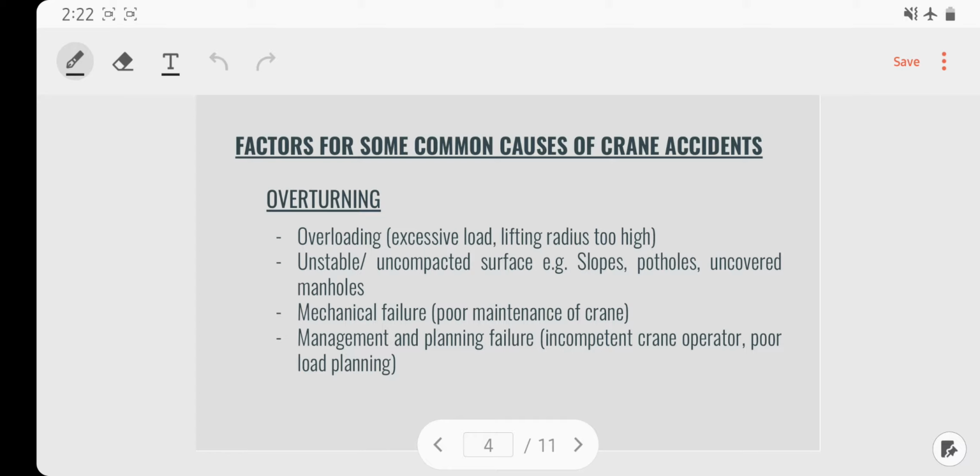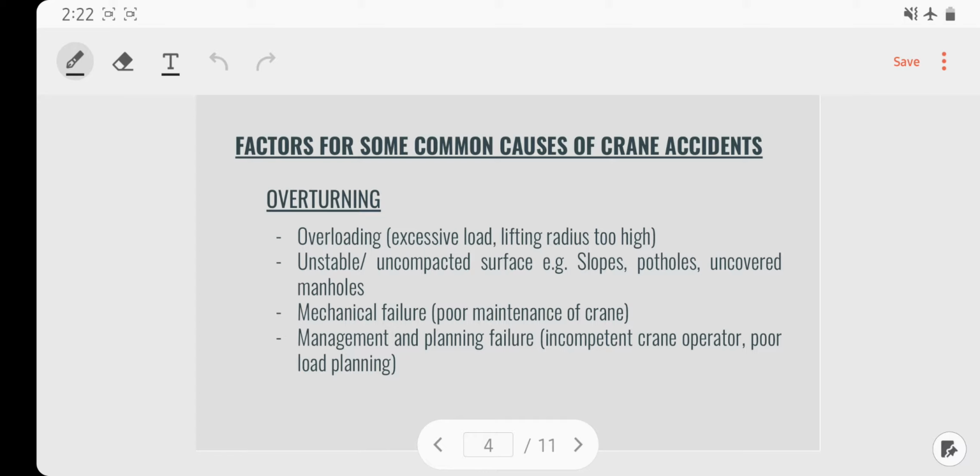Another example would be the outrigger of the crane. Every crane has an outrigger to balance the whole truck. So if the outrigger is not properly maintained, it may cause the truck to lose balance because it has no ground support to support the weight of the materials being carried.